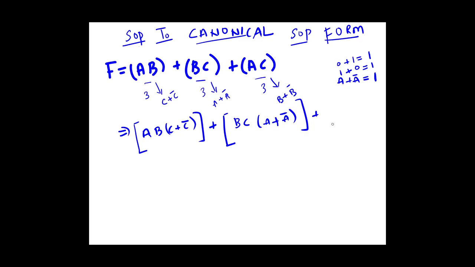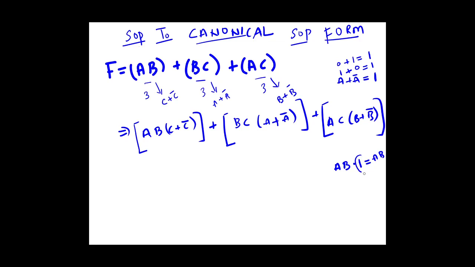Next, here I don't have B, so I'll add B: A, C, B plus B bar. In this equation, even if I don't add this, the sum would be the same. Consider AB in the first minterm: if you multiply it with 1, you get AB into 1, which is AB.